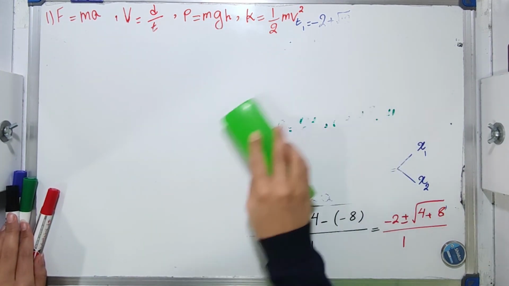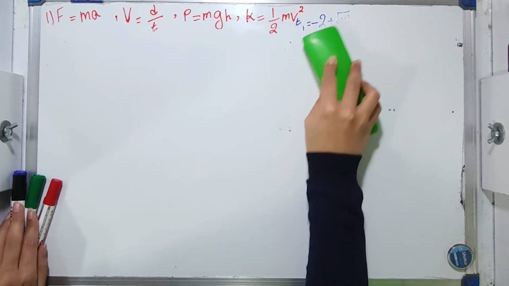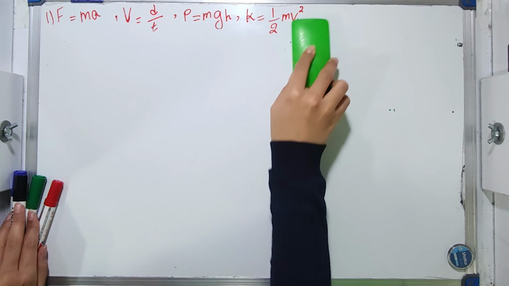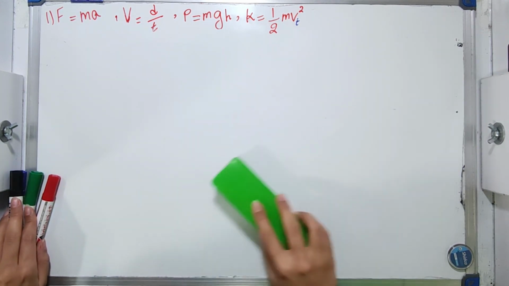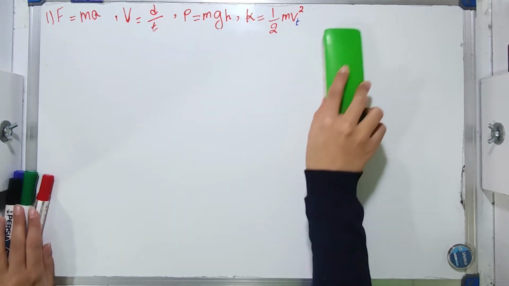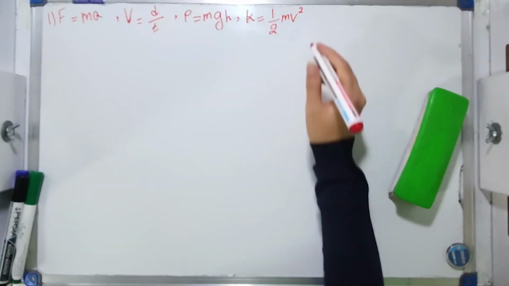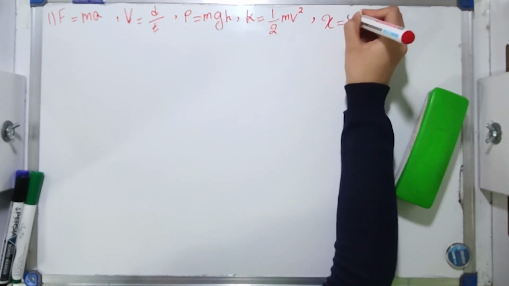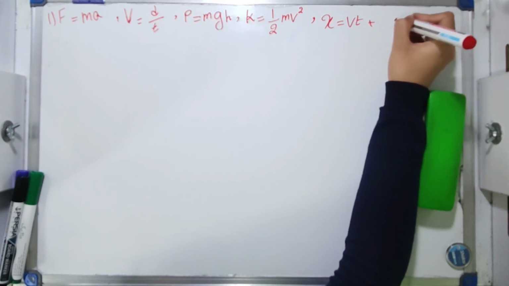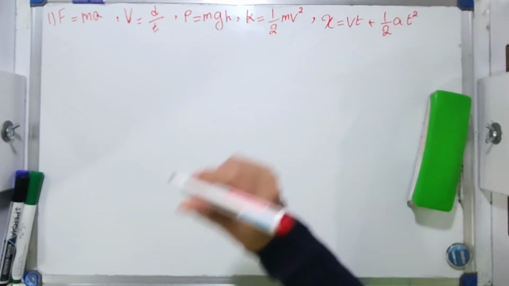So let me give you an example. Solve this question and put the answers of this question for me in the comments. The last one we solved was like that: x equal to vt plus 1 over 2 a t squared.